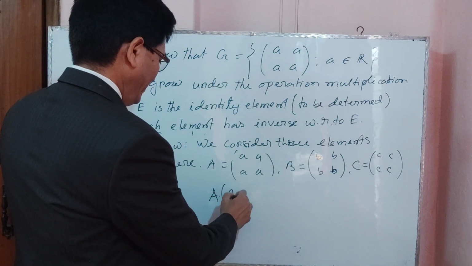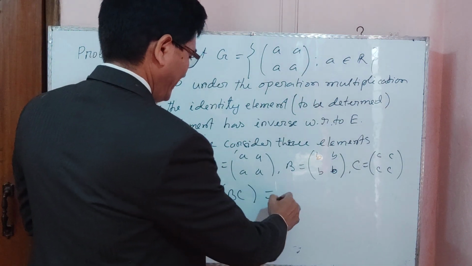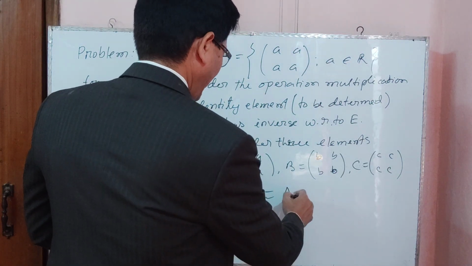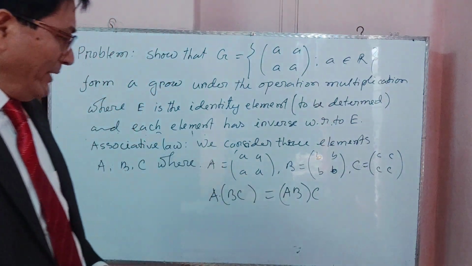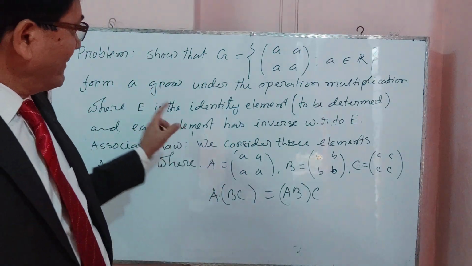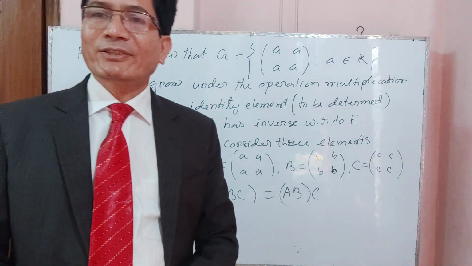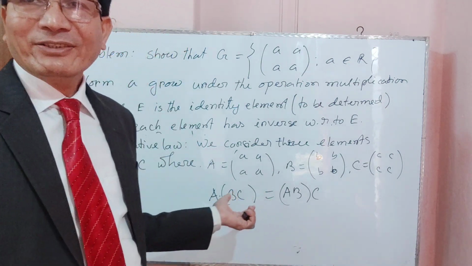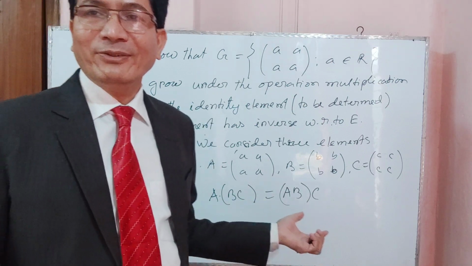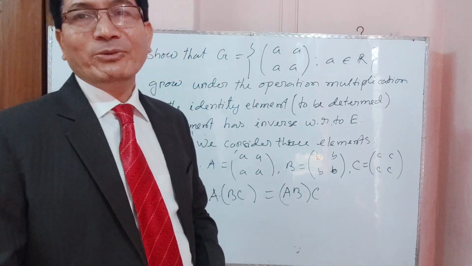A into BC equals AB into C. I mean matrices hold associative law in general, so it is not necessary to prove. It will just consume our time.